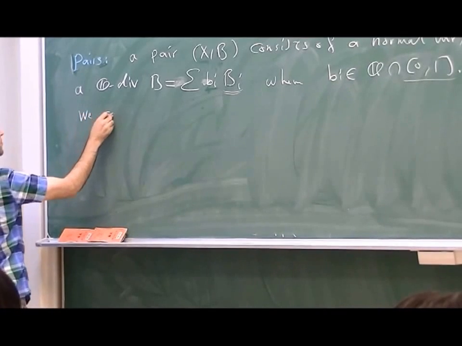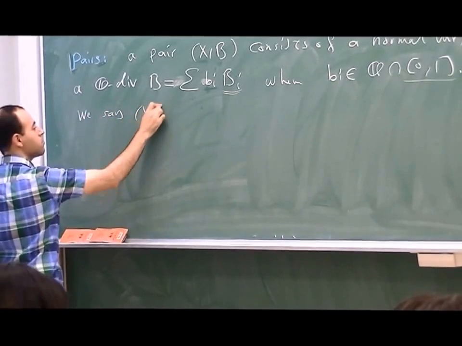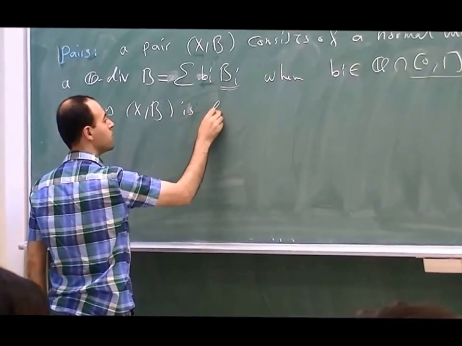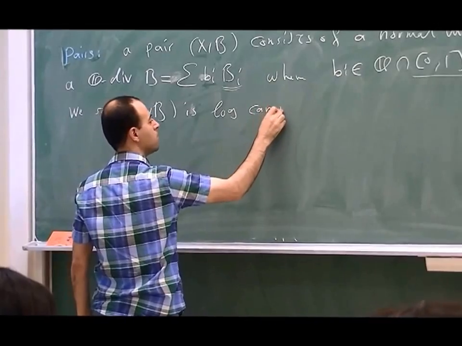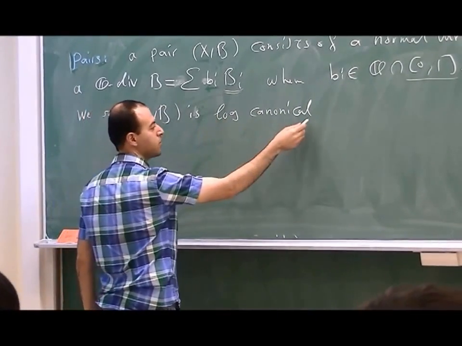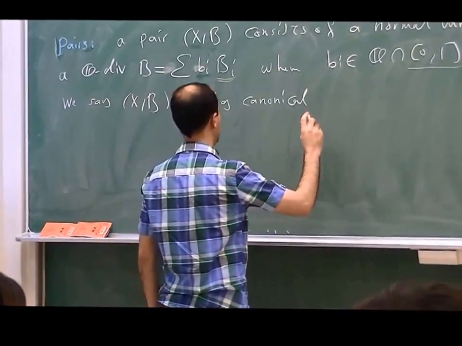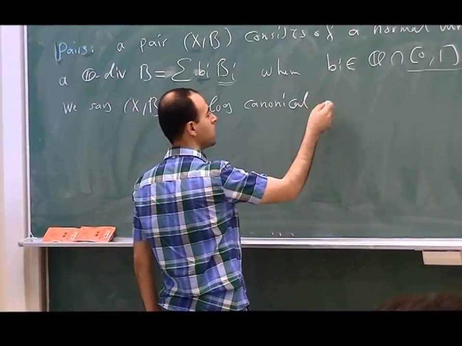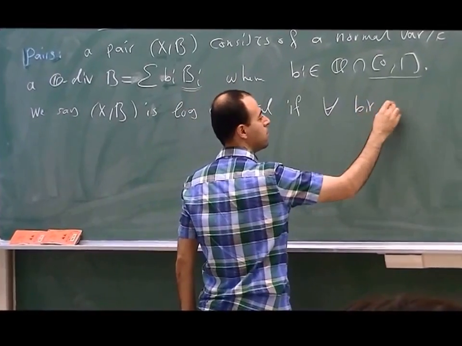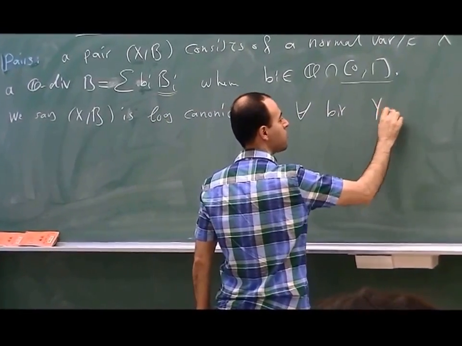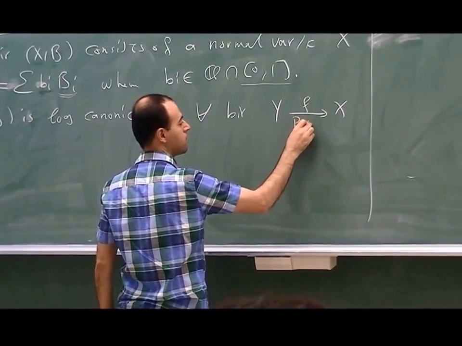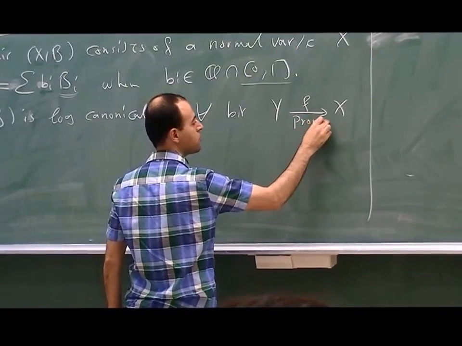We say (X, B) is log canonical. For this talk, it is actually not really important, but maybe later talks it will be important. We say that this is log canonical if for every birational map from, let's say, Y to X, this is proper, just projective.